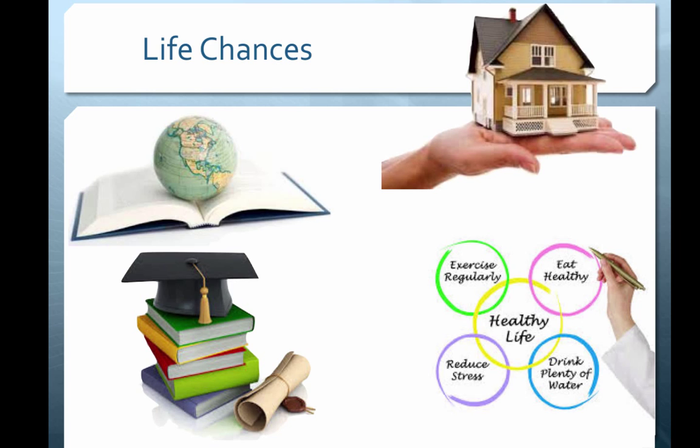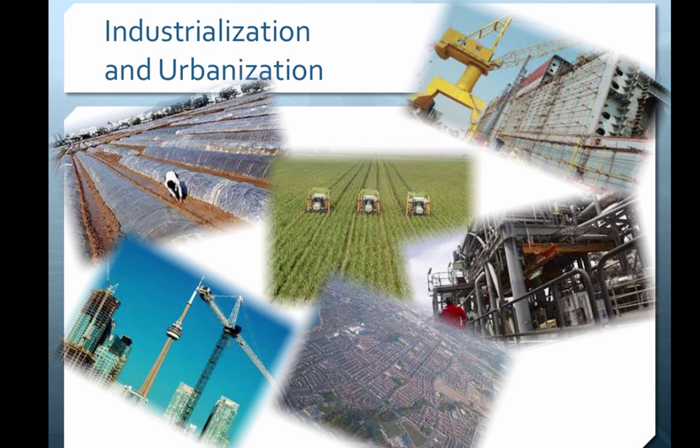Now the last thing I want to touch on is those two terms I mentioned earlier, industrialization and urbanization. Industrialization represents the changes of the means of production, or how people make a living, when societies are transformed from dependence on agriculture and handmade products to an emphasis on manufacturing and related industries.